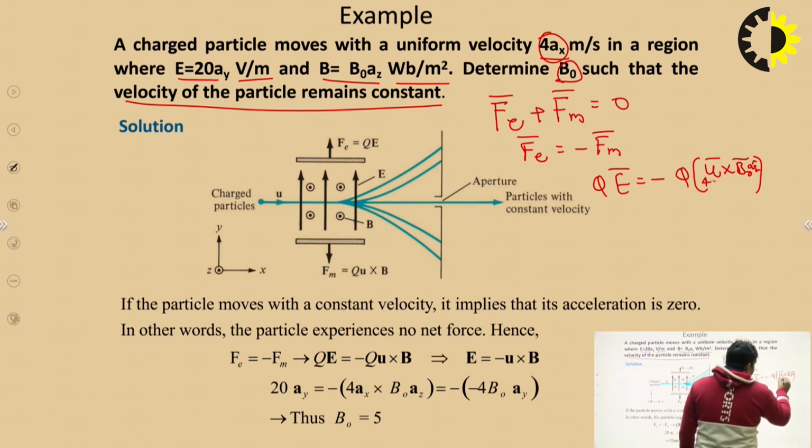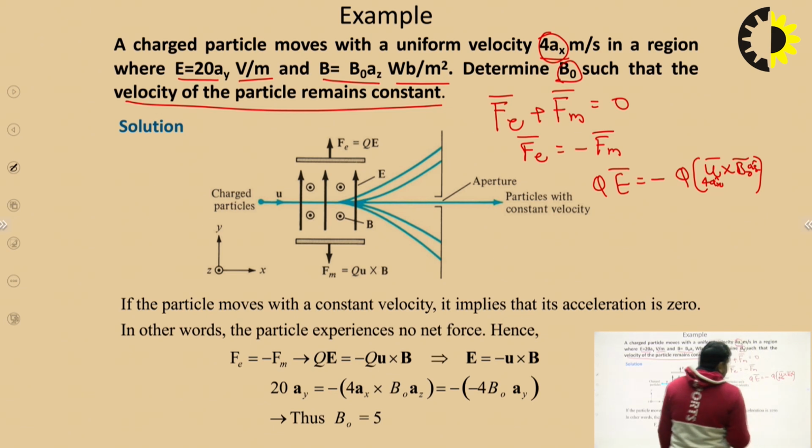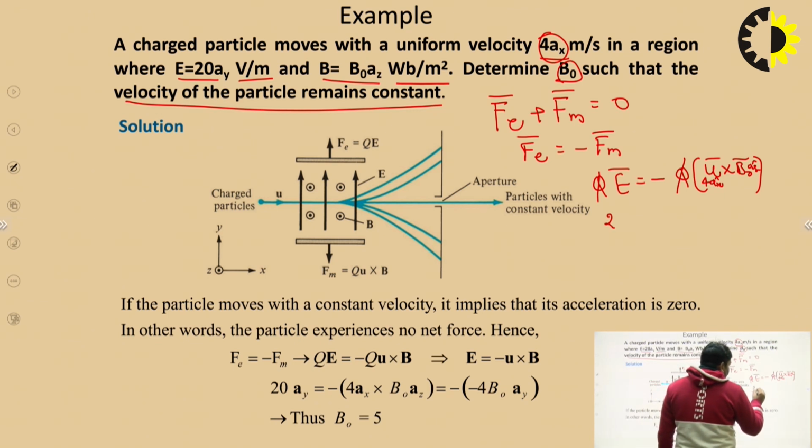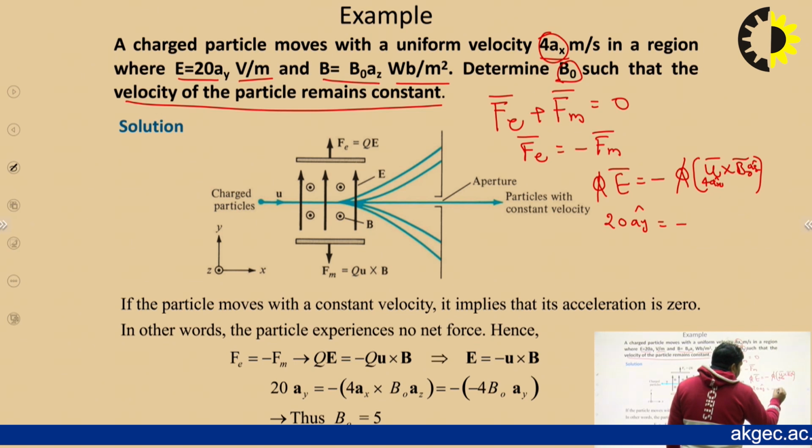So Q cancels out and the electric field is 20 ay, equal to minus 4 ax cross B naught az.